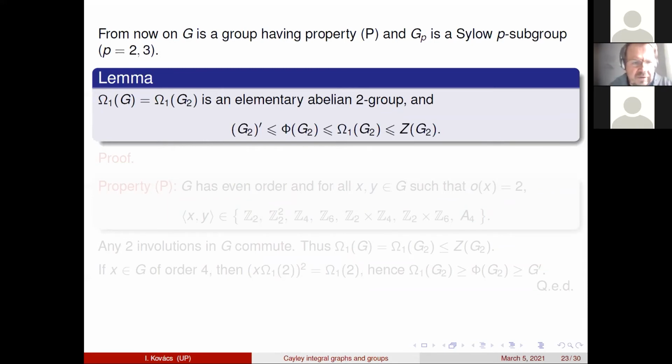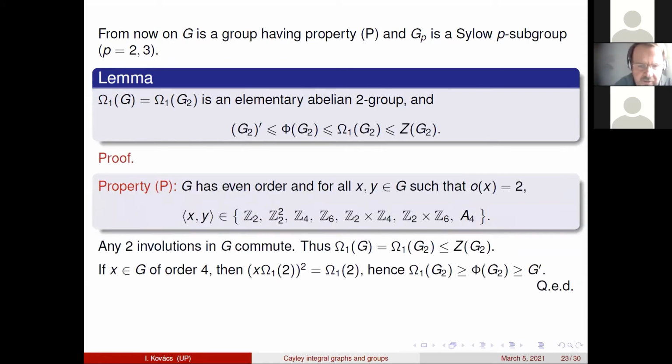The first observation you can make is that the group generated by involutions in G is exactly Omega-1 of G_2, which is an elementary abelian 2-group. We also have these relations: the derived subgroup is contained in the Frattini subgroup, contained in the group generated by involutions, and contained in the center. The proof I write here because it's not so complicated.